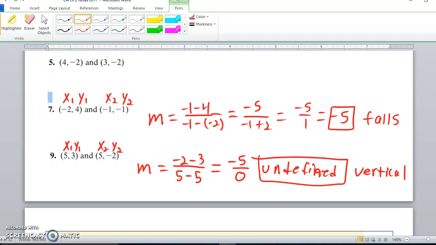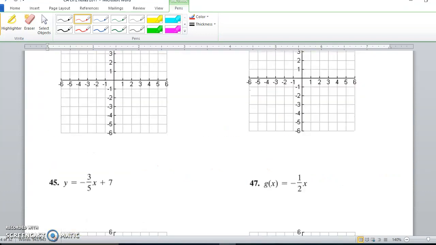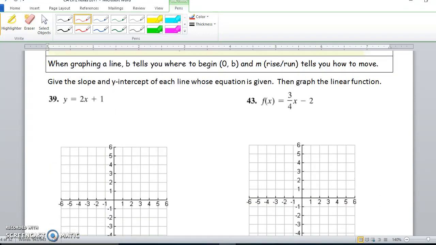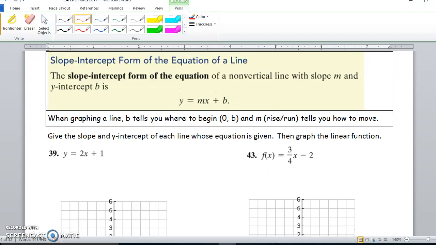And so let's see what the next part is. All this stuff in this section really goes together. This next part, it looks like we are going to use the formula for slope-intercept form. The way slope-intercept form works is the equation gives you the slope, which is the m value, and then the b value is just the y-intercept.